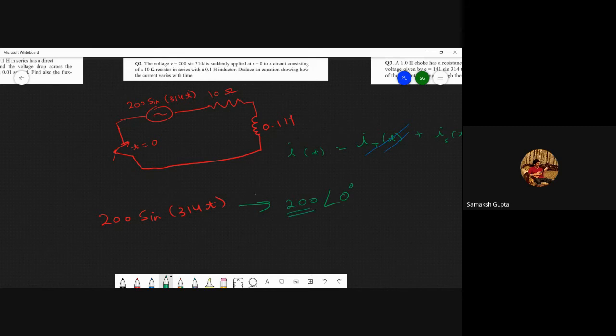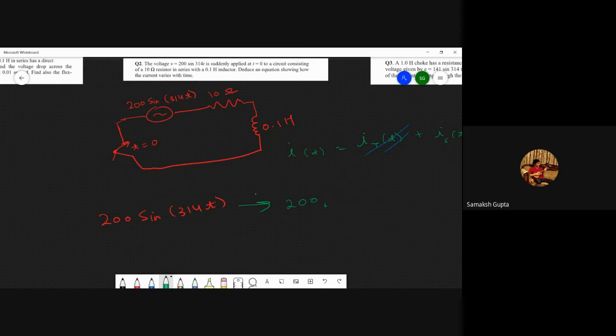This 200 is just the amplitude, and this 0 is the phase. Here you have no phase, your angle is 0, so you will just write 0 over here. This is also a notation in which you can write the value, the modulus and the angle, the phase which it incorporates.